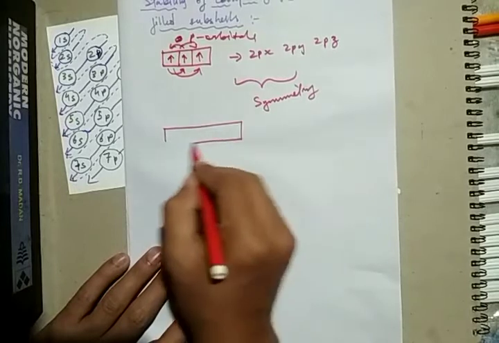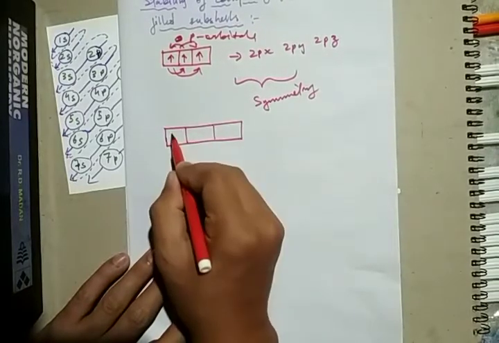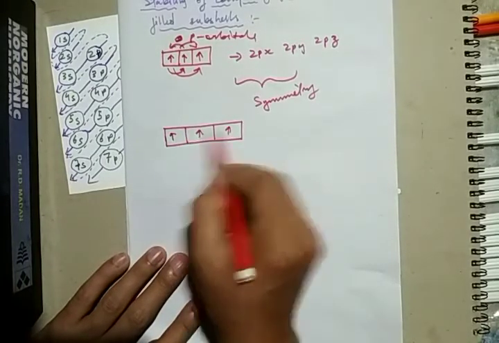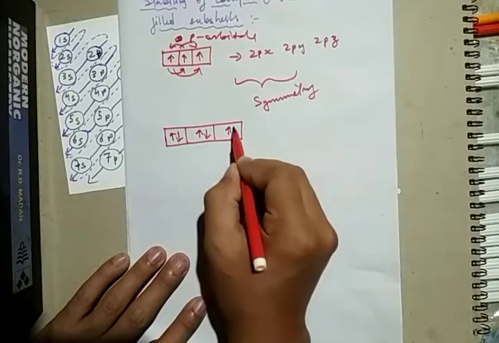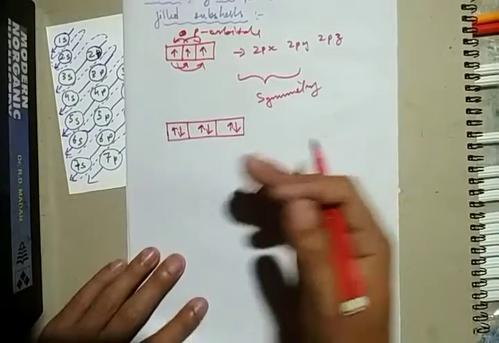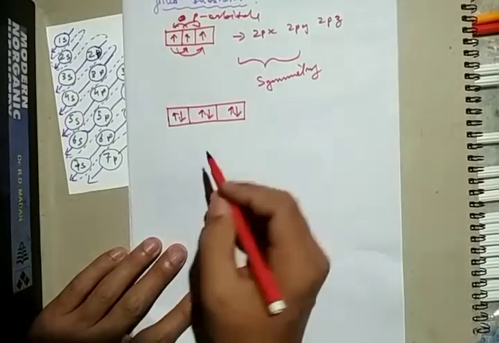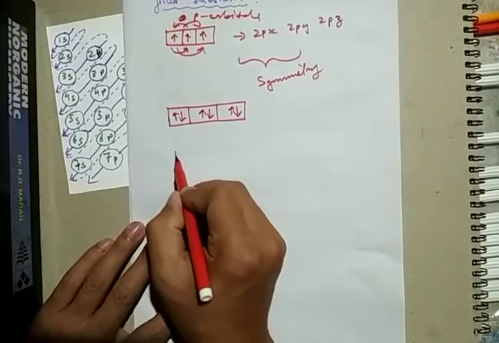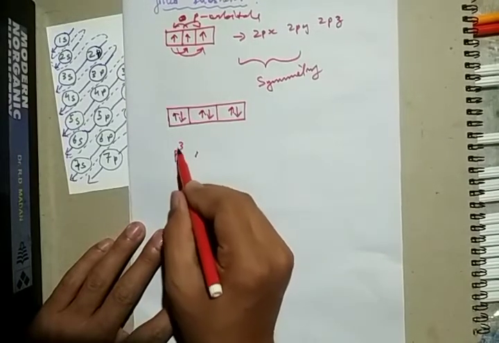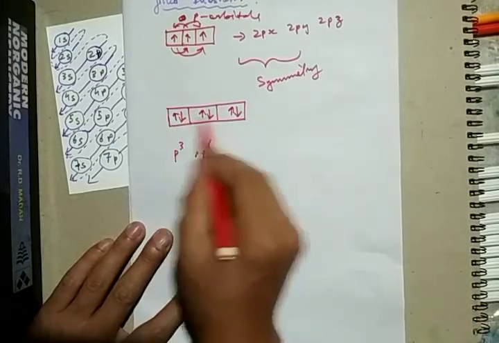This is also the case for fully filled orbitals. In this case we see pairing. Fully filled orbitals are also stable. Some examples: P3 is half filled, and P6 means fully filled.